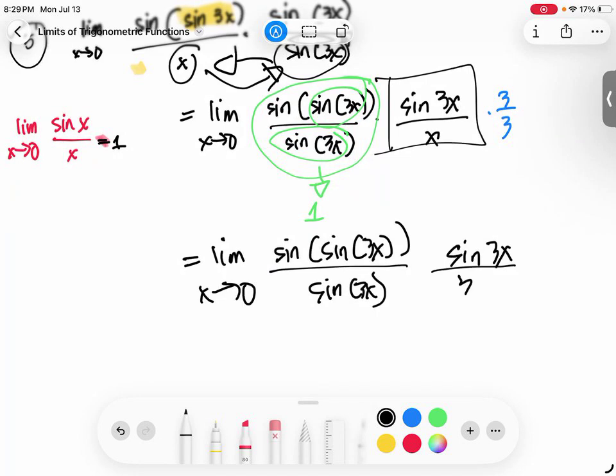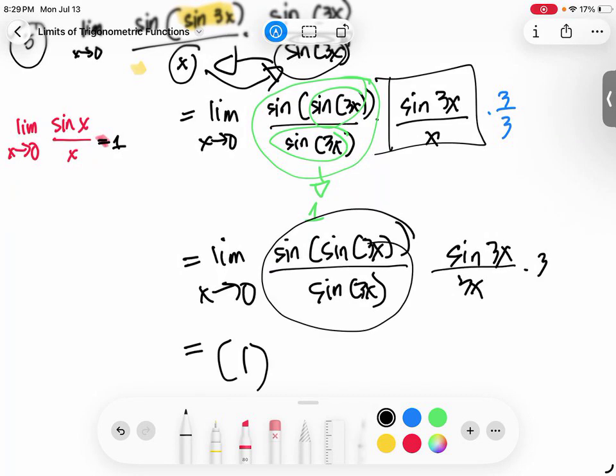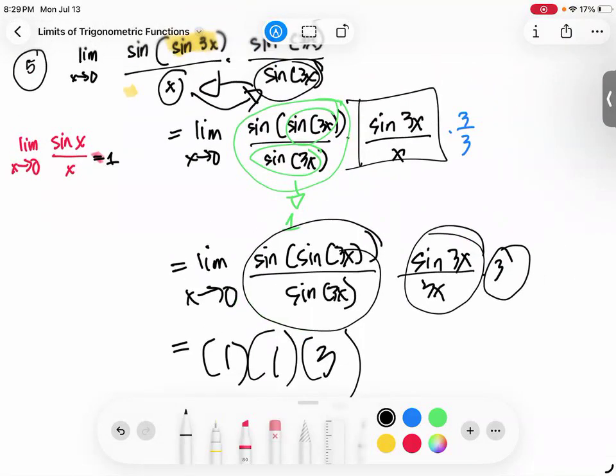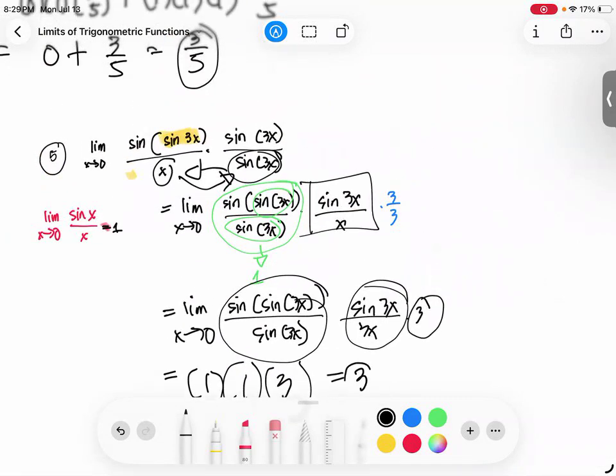So this will be 1. The limit of this is 1. Then this is also 1. And we also have 3. So the limit is just 3. Therefore, the limit of sine of 3x over x as x approaches 0 is equal to 3.